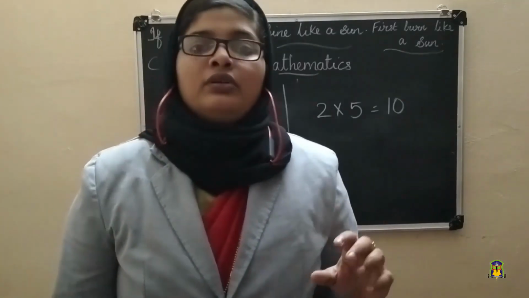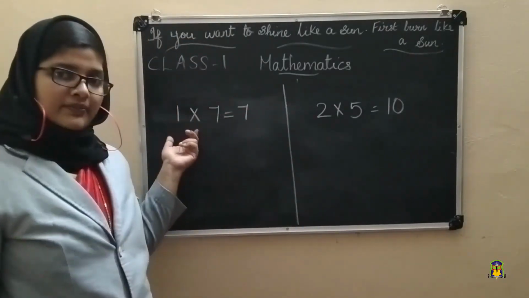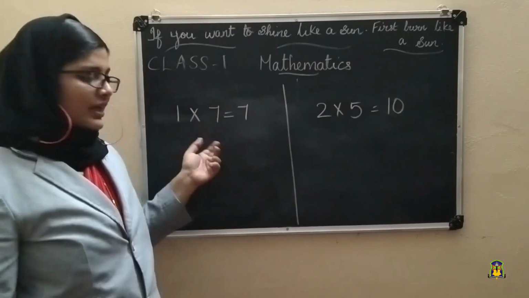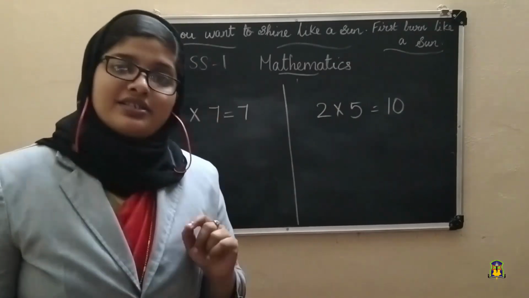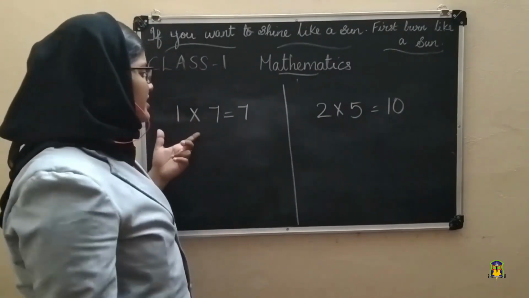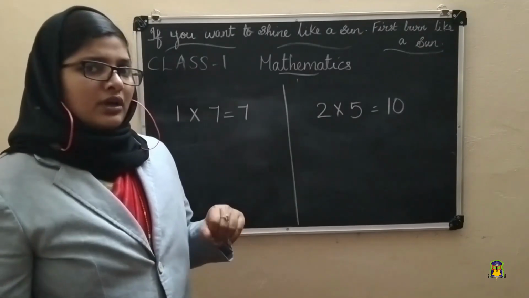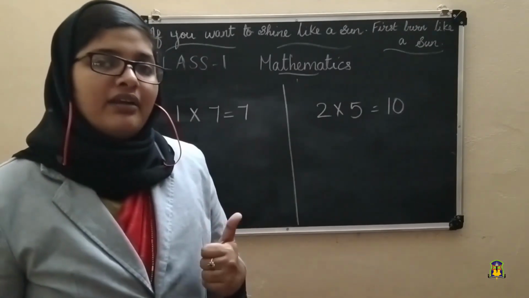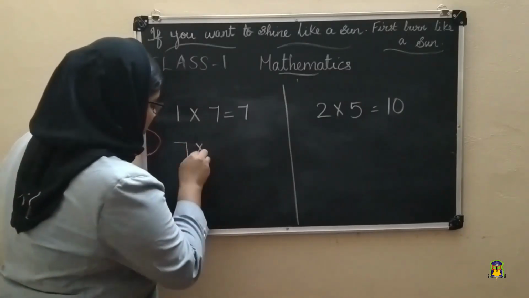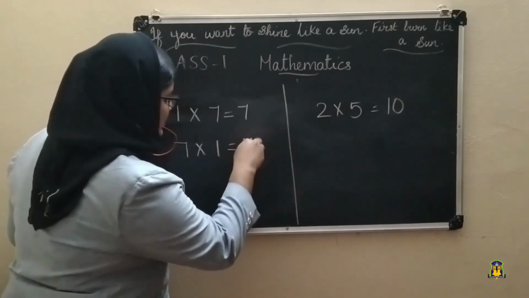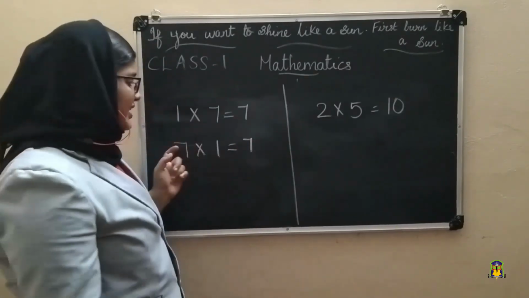All of you, look here. What is this? Read all of you. Yes, 1 seven is 7. We have to write this 1 seven is 7 in another way also. Who can say how we can write? Yes, 7 into 1 equals 7. We interchange the numbers.